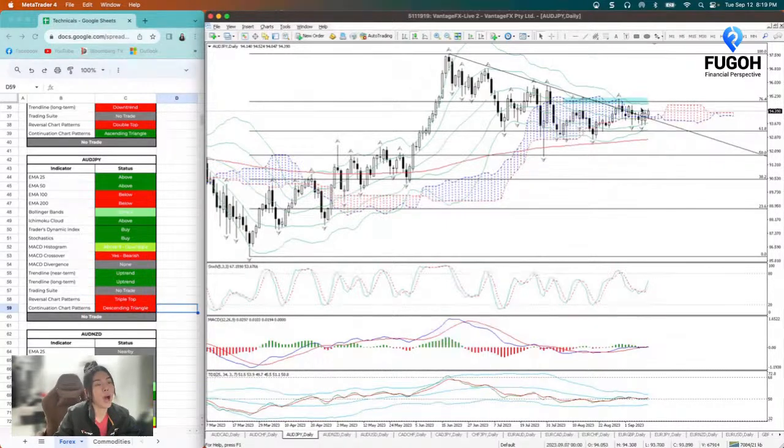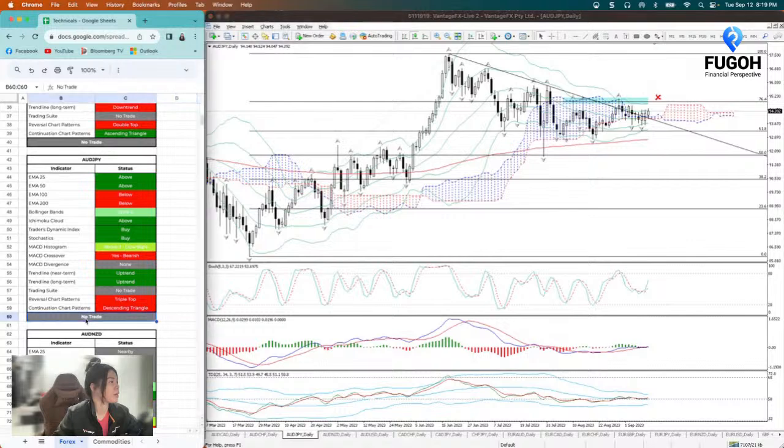So if it could only break out here, then the uptrend is actually confirmed. But if you're an early trader, you may trade now, but I will want to wait for the price to be in here. But it's already a strong directional trade coming from the buy. The focus is on the buy.